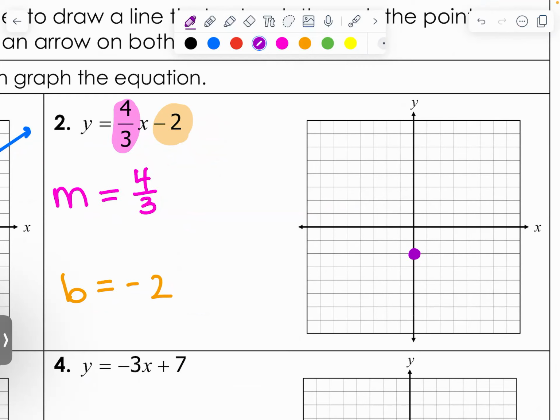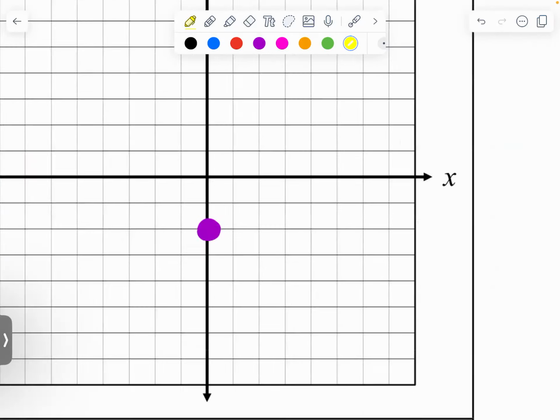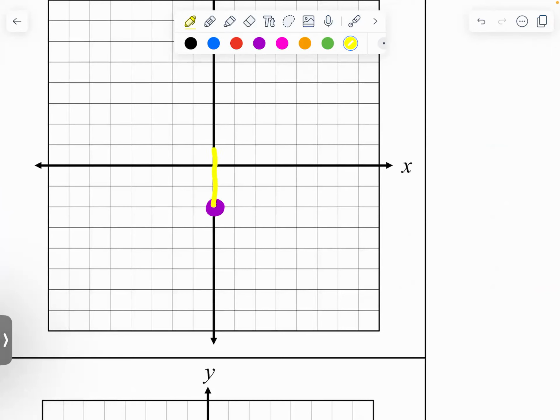It's a positive slope. If it's a positive slope, we know that our line should look like this from left to right. So we are going to go up. How many? 1, 2, 3, 4. And over 1, 2, 3.